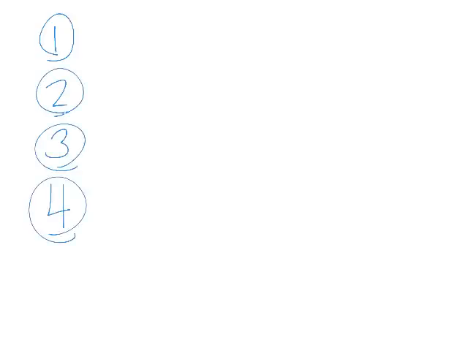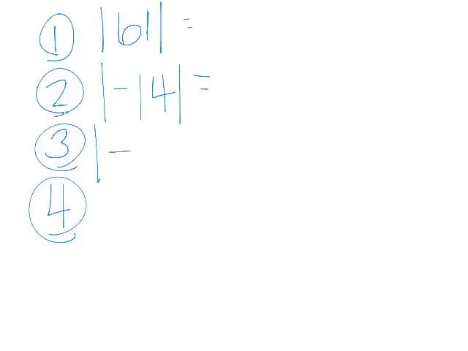Okay, so I just want you to practice finding some absolute values for me here. So these should be super easy, your homework grade for this week. So it's the absolute value of 61, absolute value of negative 14. Remember, these bars mean absolute value. Negative 99.